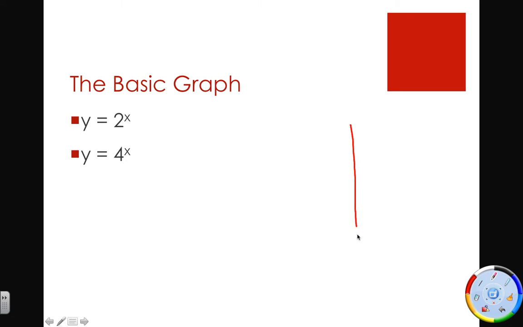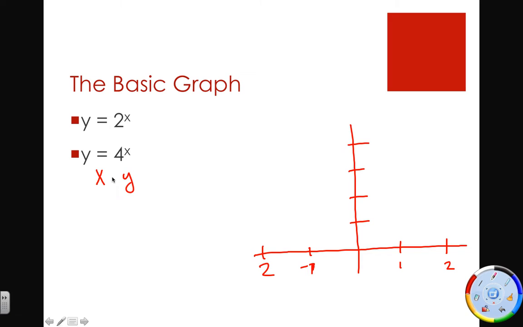So same idea. And again, because there's nothing going on, I'm just going to go -2 to 2. Now, I'm going to scale my graph correctly here, but if I did my table again, I know if I plug in 0, I get 1.